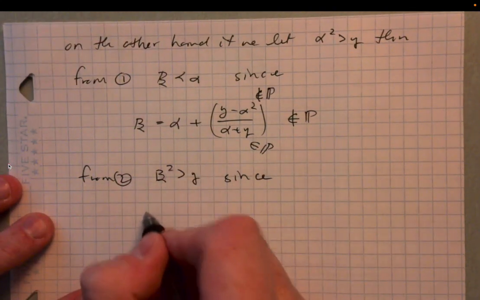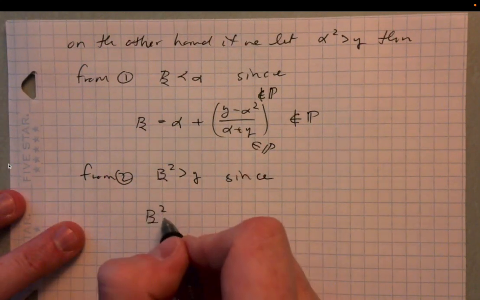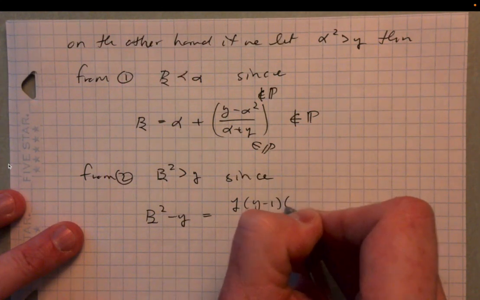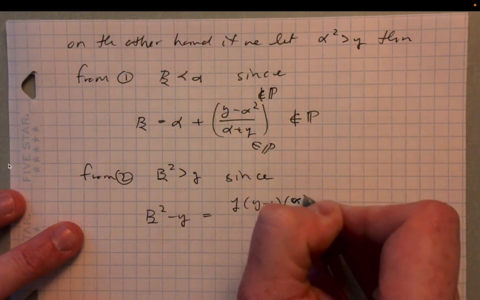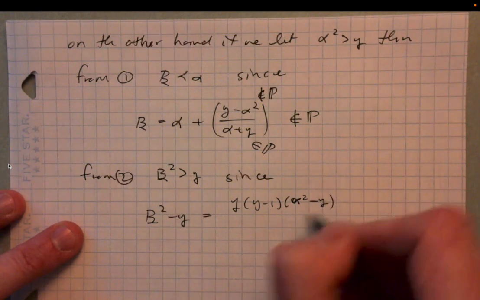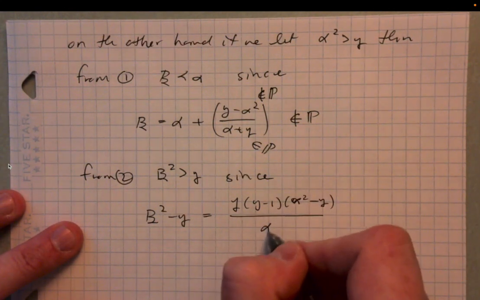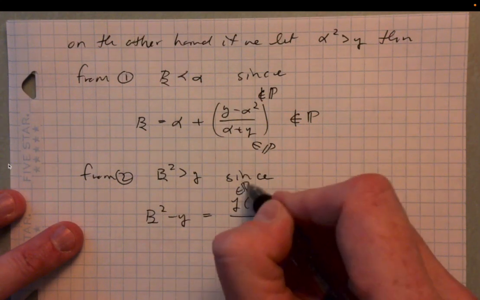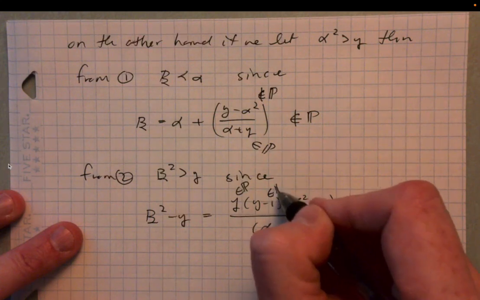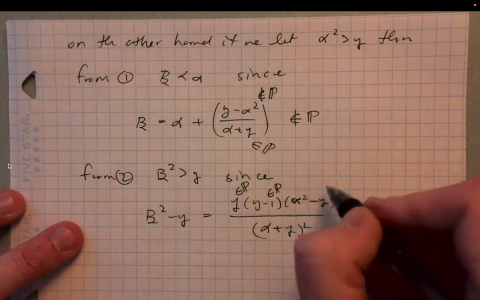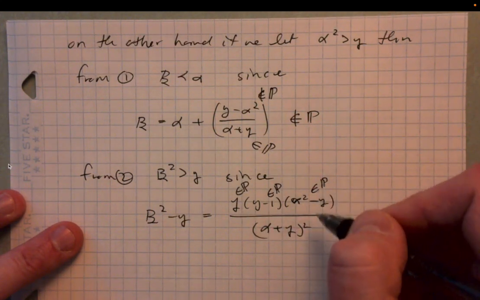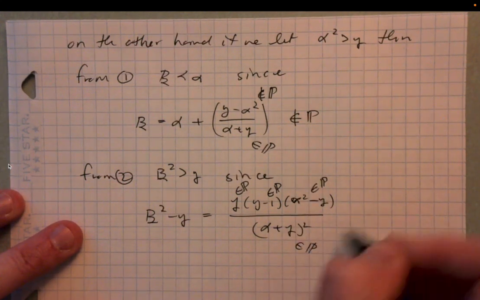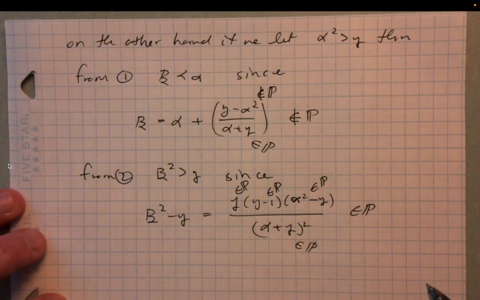Well, beta squared minus y, we said that that was y times y minus 1 times alpha squared minus y all over alpha plus y squared, right? y is in P, y minus 1 is in P, alpha squared minus y is in P, alpha plus y quantity squared is in P, so this whole thing is in P, right?